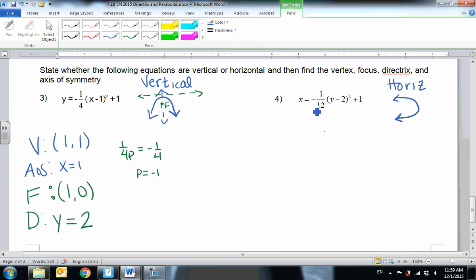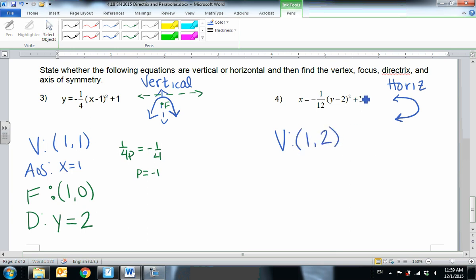Okay. Try and come up with your vertex. Be careful. All right, what do you think? 1, 2.